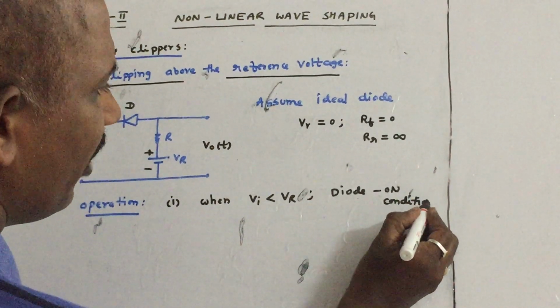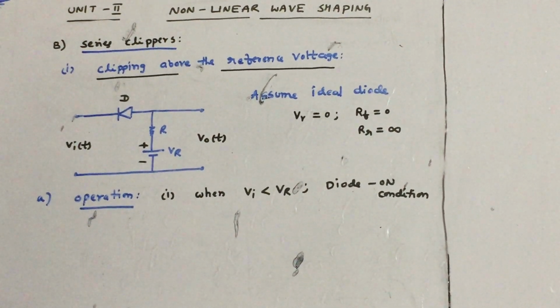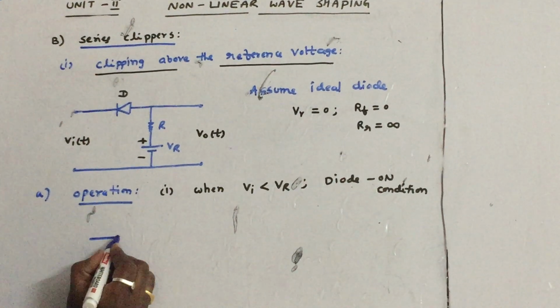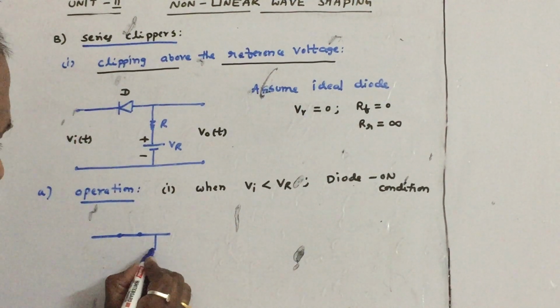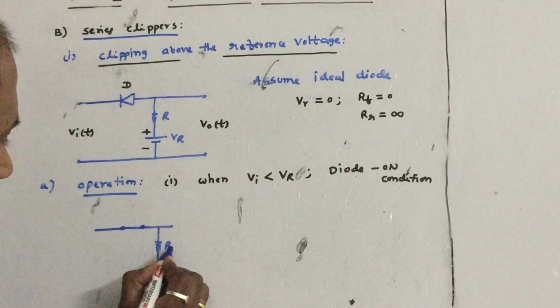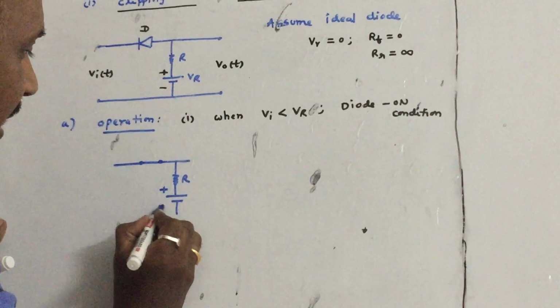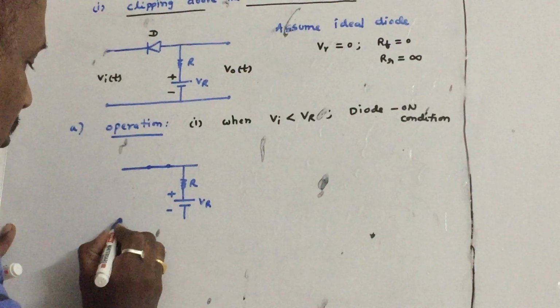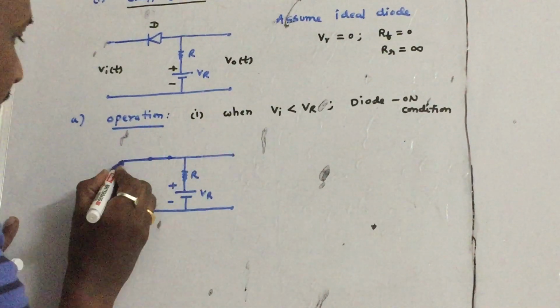When the diode is in the on condition, the ideal diode acts as a short circuit. So let us replace the diode by a short circuit. This is the resistor, and this is the reference voltage VR. What is the input here?